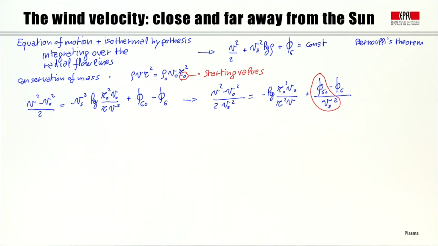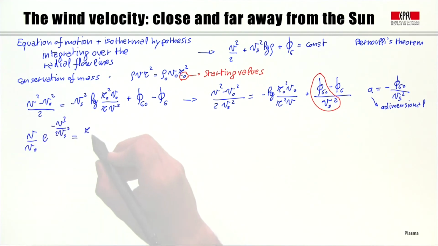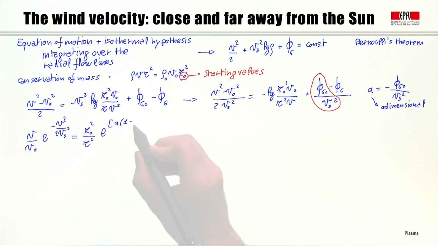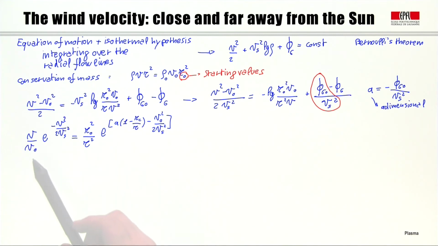let's now define the following quantity, A, and note that A is adimensional. Now, using this definition and after some algebra, we obtain. Now, this equation allows us to determine the initial speed of the solar wind, provided that we know the velocity v of the solar wind at a certain distance r.